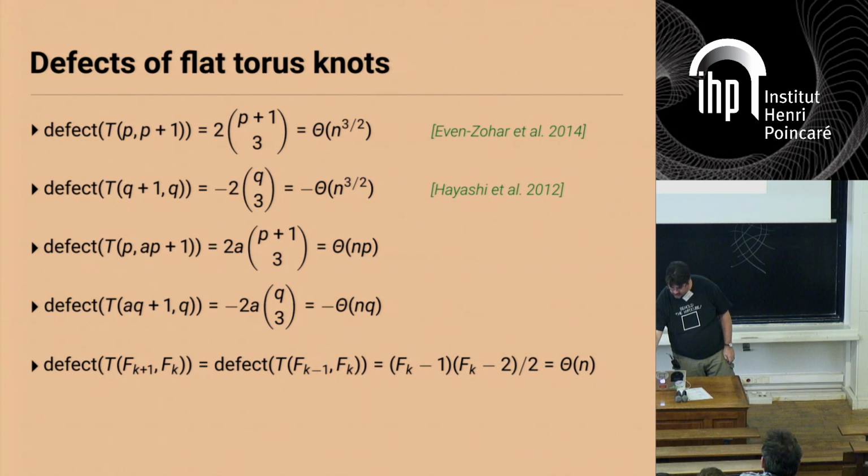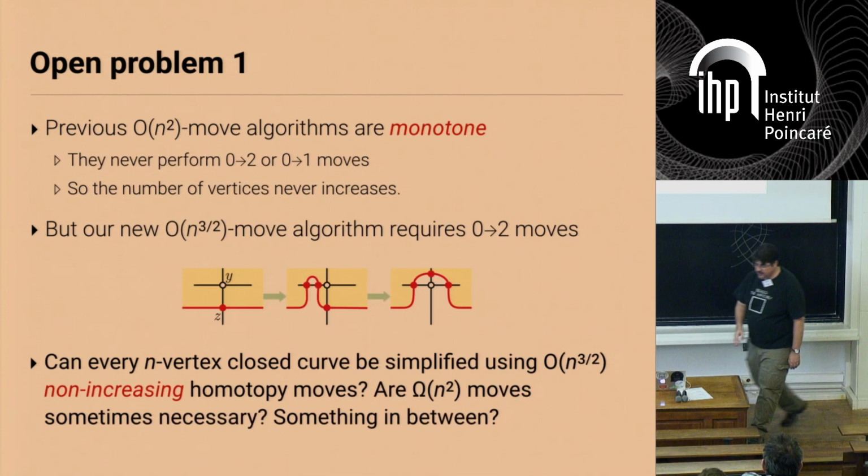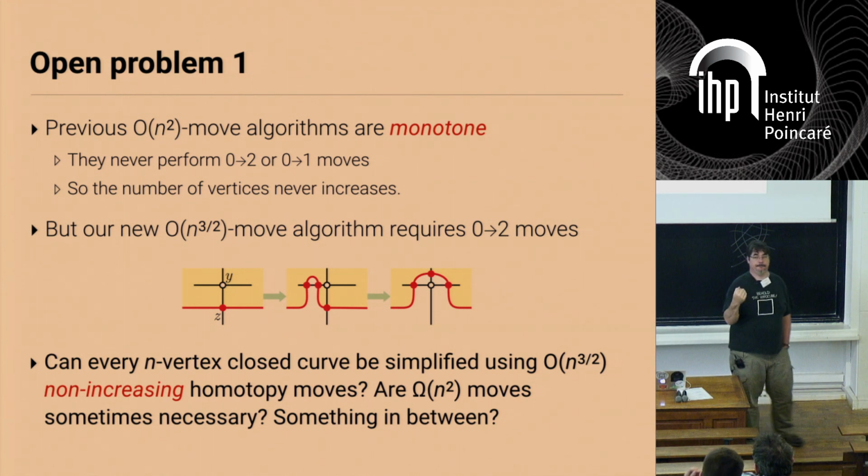Let me skip over now. Okay, I'll go through the couple of open problems here. One is that both Steinitz's algorithm and Theorem and Provon's algorithm have this wonderful feature that the number of vertices never goes up.